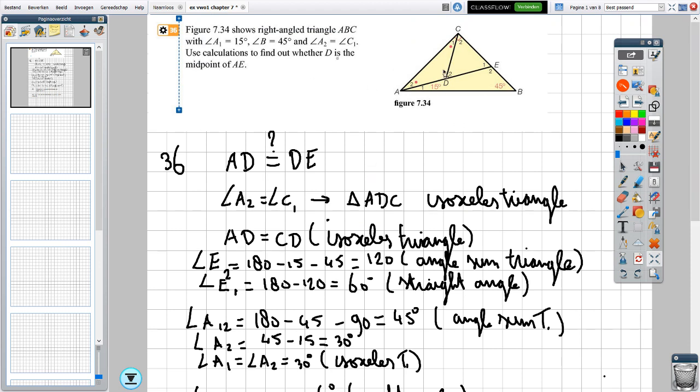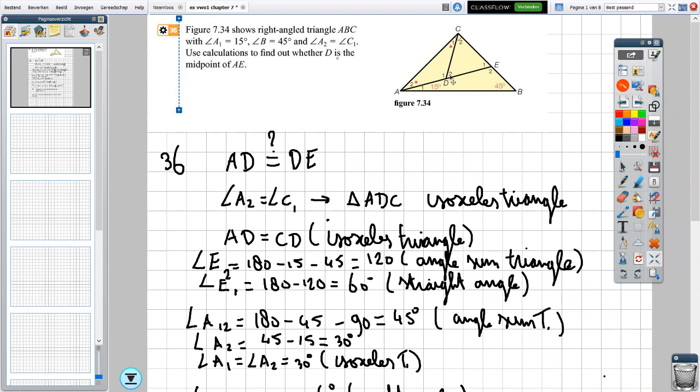So to recap, I want to find out whether AD equals DE, and to do that I can use the knowledge that ED is actually the same as CD. So if I can find out that ED is equal to CD, then this must be the midpoint.